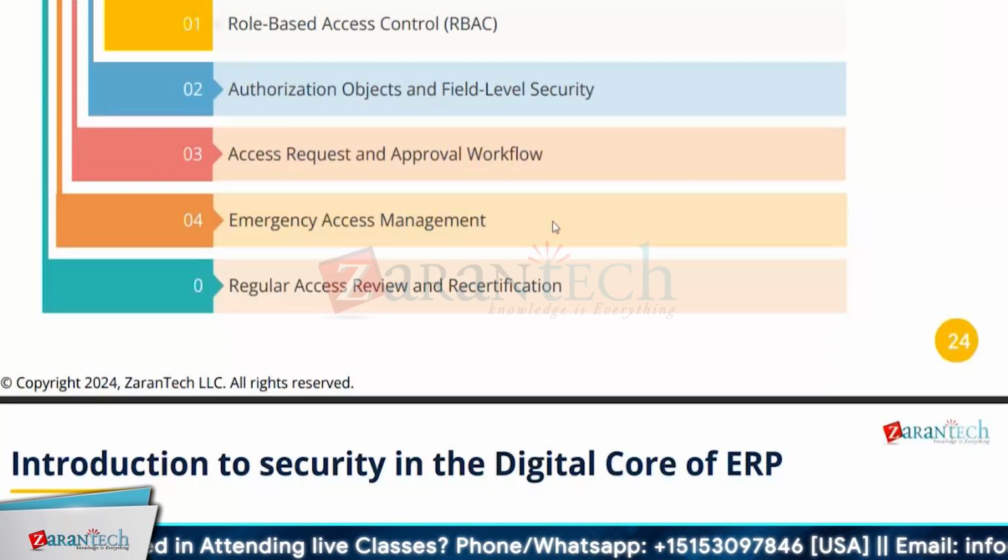Next is access review, or recertification as it's called these days in the cloud. This is nothing but your user access reviews, which we should ideally run based on a frequency decided with the client, either quarterly, biannual or annual. But we need to ensure that this is in place.